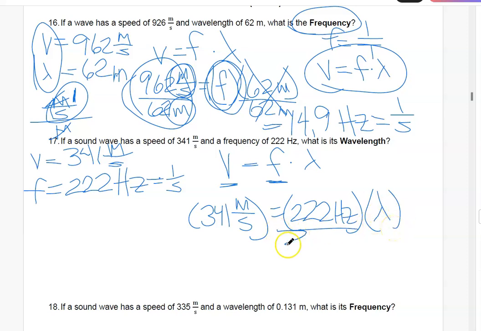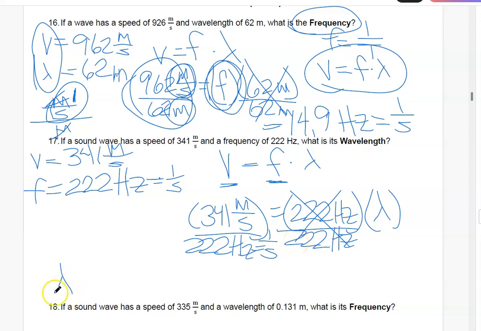We divide both sides by 222 hertz. And I'm going to rewrite the 222 hertz on the left side of the equation, reminding you that it's also equal to 1 over seconds, or per second. These cancel out, and we end up with our wavelength is equal to this expression. And we plug that into our calculator.